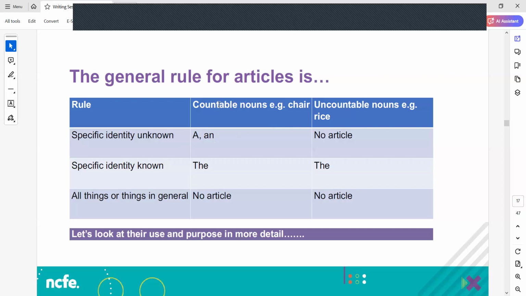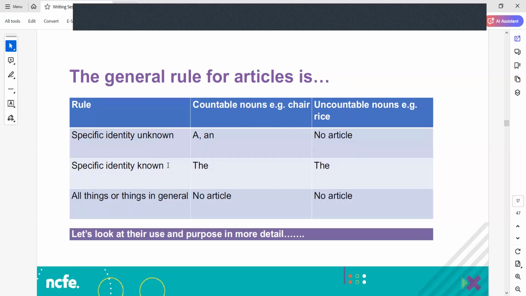And initially, I'm talking about countable nouns. So that means something that you could count if you wanted to. Okay. Uncountable nouns are things like rice or sand, where you're not going to say the amount. But let's focus on the countable nouns. So if we don't know the identity, we're talking about that thing in general, we would use a or an.